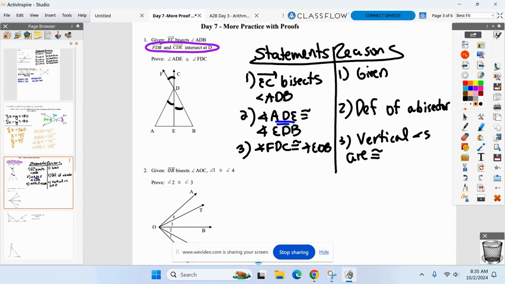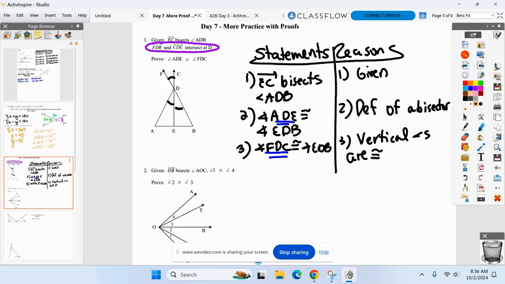We did definition of bisector. We did vertical angles. Now, how can I put this all together to get those two congruent? Look at your work you just did. In step 2, we said something about ADE. Now we said something about FDC. What are they both equal to? The same darn angle. ADE is equal to EDB, and so is FDC.